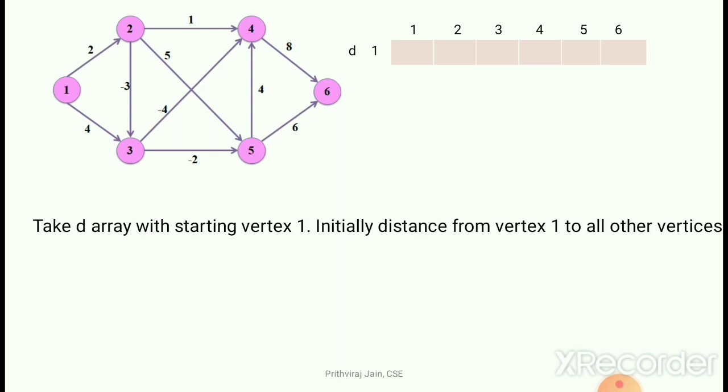We take the D array with the starting vertex as 1. Initially the distance from 1 to all other vertices will be infinity. From 1 to 1 the distance will be 0 and all the remaining values will be infinity.